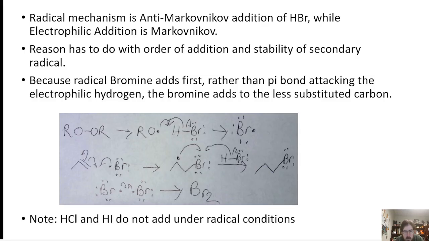And of course, if we get enough bromine radicals, it's going to just reform Br2 and stop. Please note, we cannot do this with HCl and we cannot do this with HI. We can only do this with HBr. The bond strength is not such that we can add in this way.